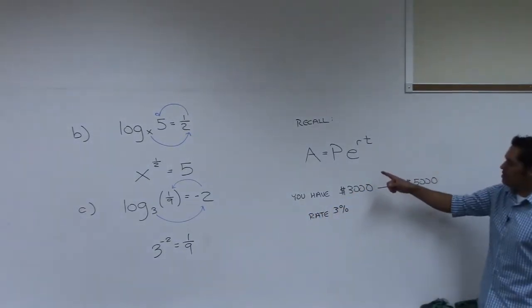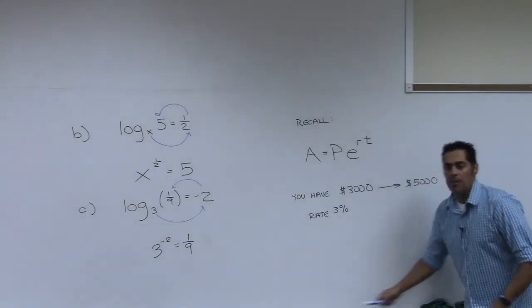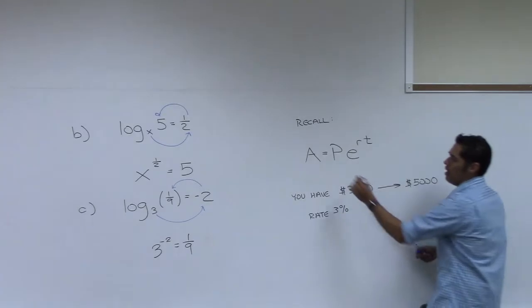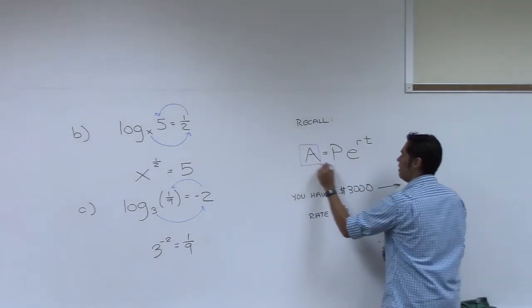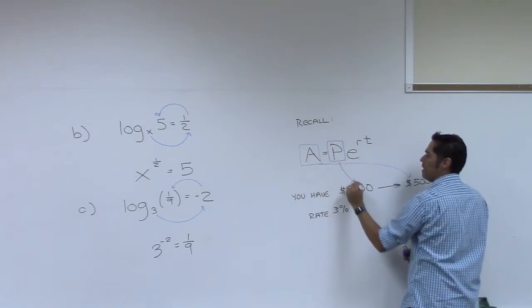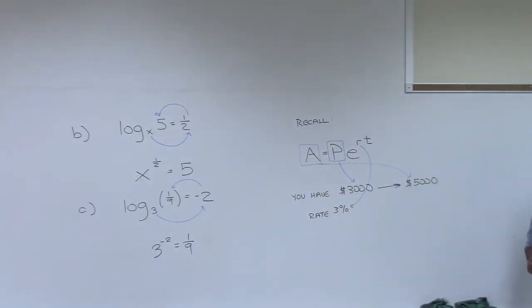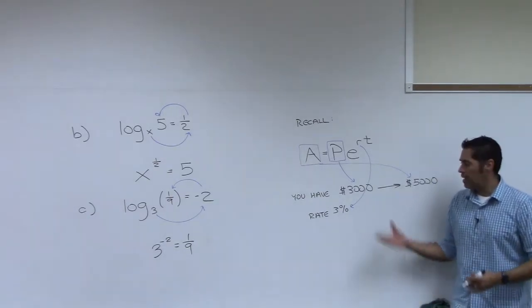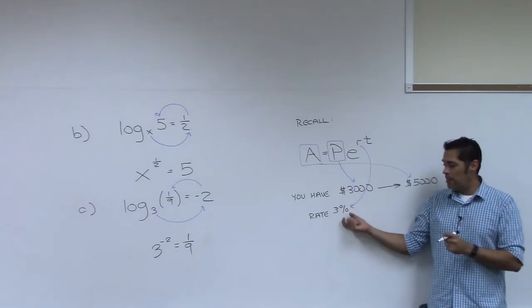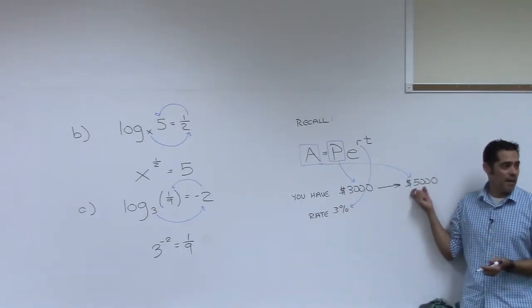Then what pieces of this equation do I have? I have A, that's the amount that I want at the end. I have P, which is the amount that I'm going to put in the beginning. And I have R, the interest rate. The time I don't know. So what you'd be asking yourself is, hey, I've got $3,000 now. I'm going to put it in the bank at 3%. I want to know how long it's going to take to turn that into $5,000.